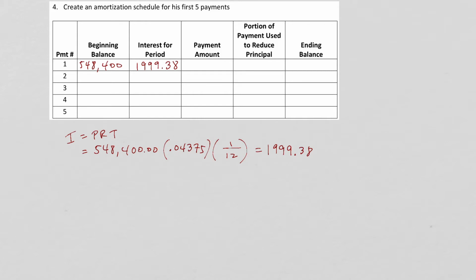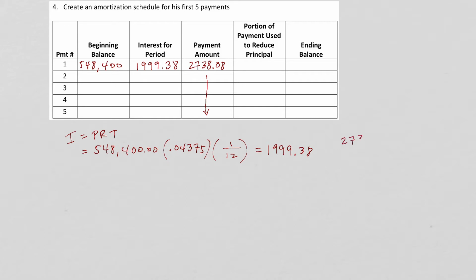You're always making a payment of $2,738.08, and we calculated this in the previous problem. And because it's a fixed rate, this gets written down all the way. Okay? So if your payment amount is that $2,738, and your interest is that, the portion used to reduce principal is just the difference.